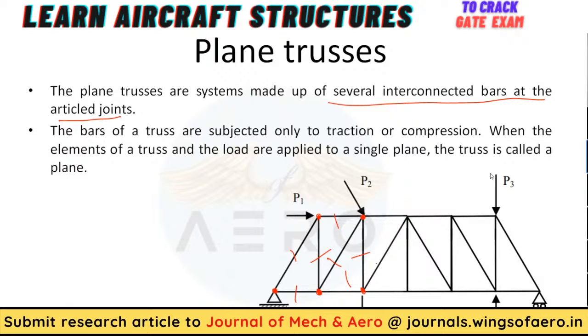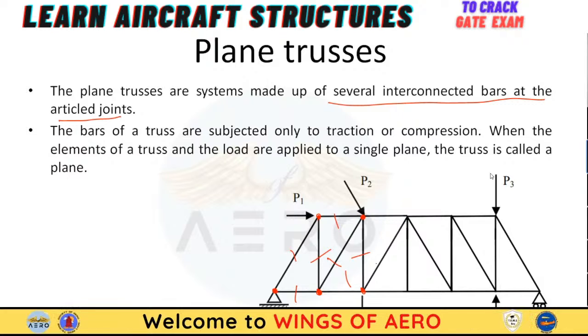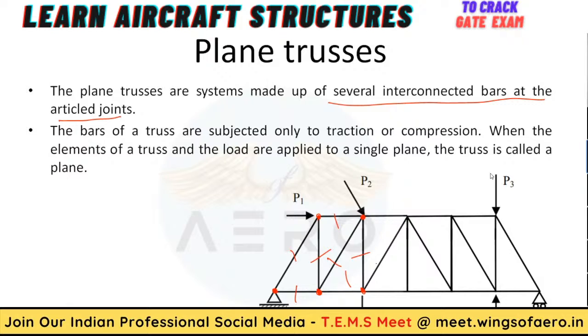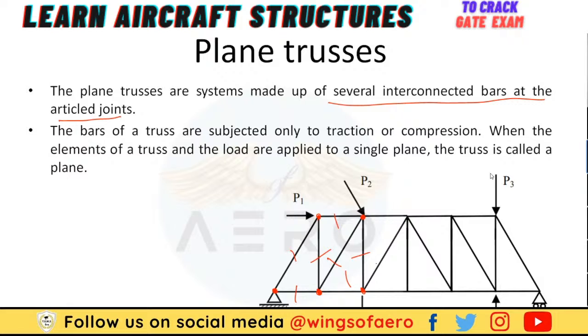So trusses are the connection of many small members, joined together to make an entire big frame structure. That particular structure can have several members undergoing either tension or compression. It is not declared that it will be undergoing only tension or only compression, but it can be a combination of both.